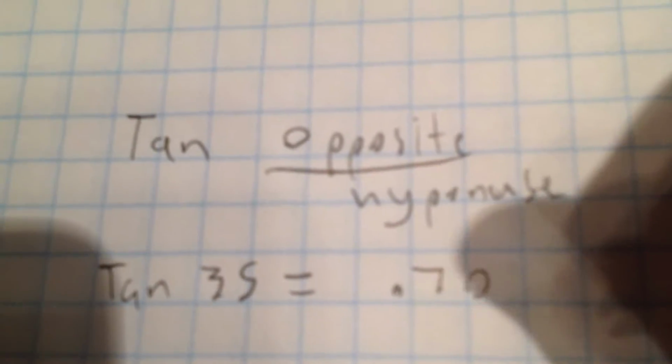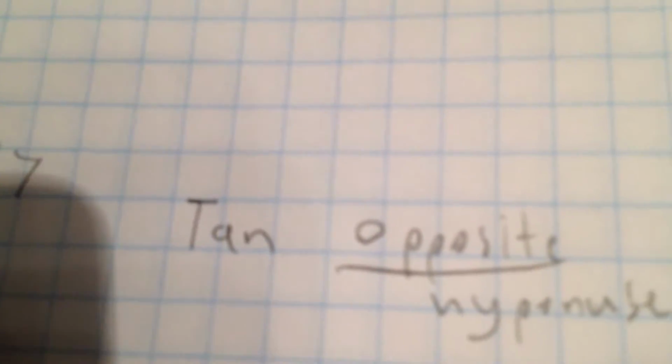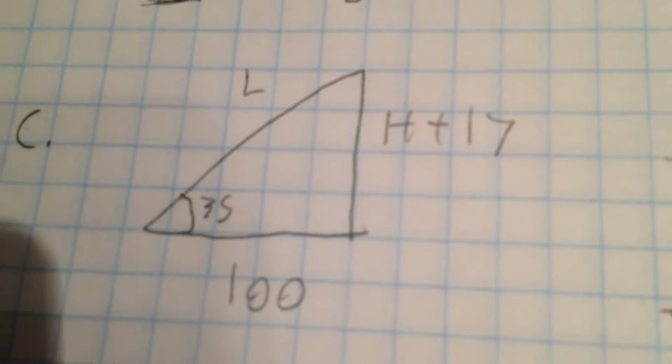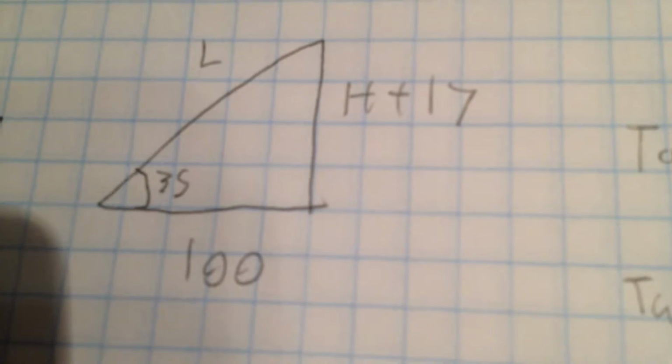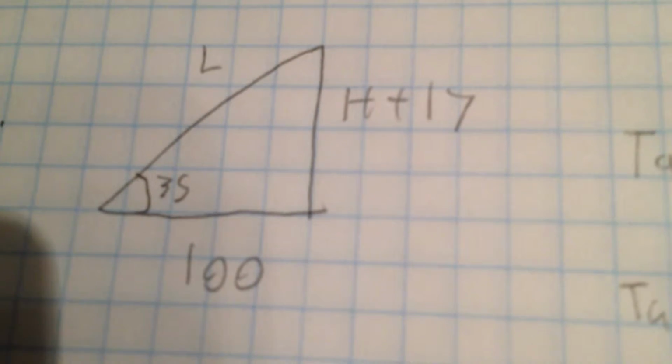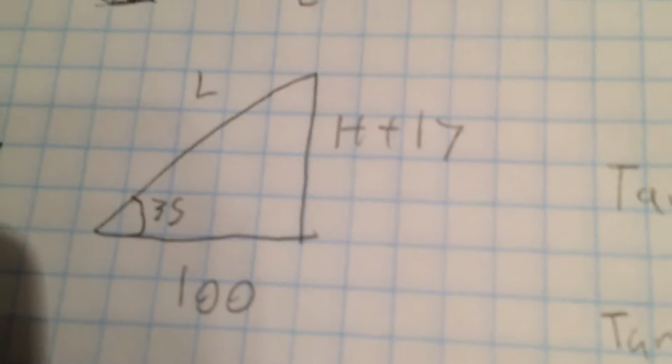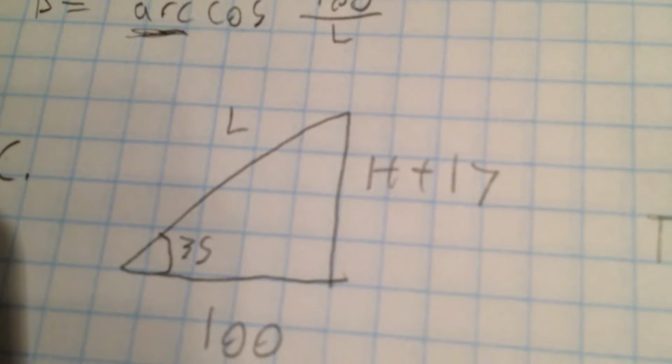I'm going to leave that on the calculator though. So that means 0.70 is equal to our opposite over adjacent. So that is equal to h plus 17 over 100. So this is what we have to work with essentially.